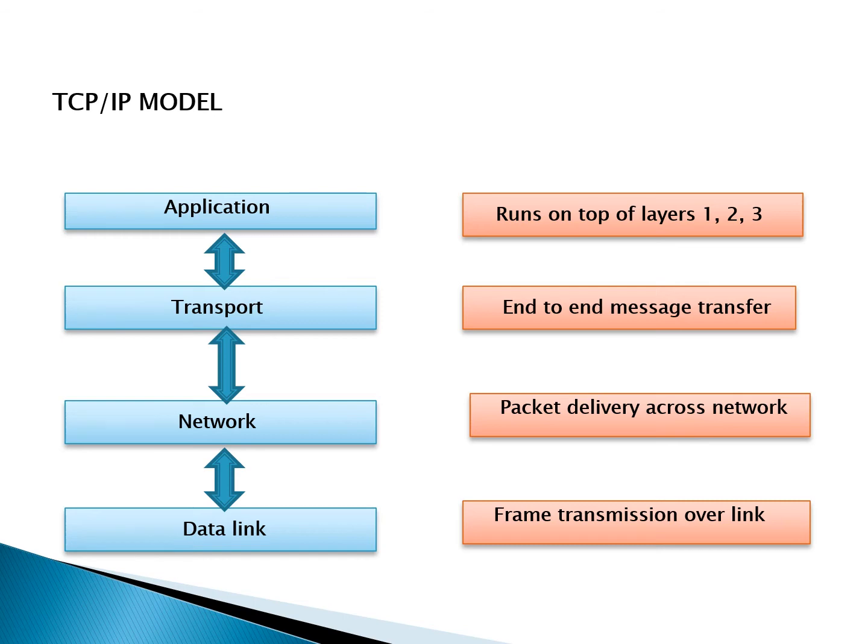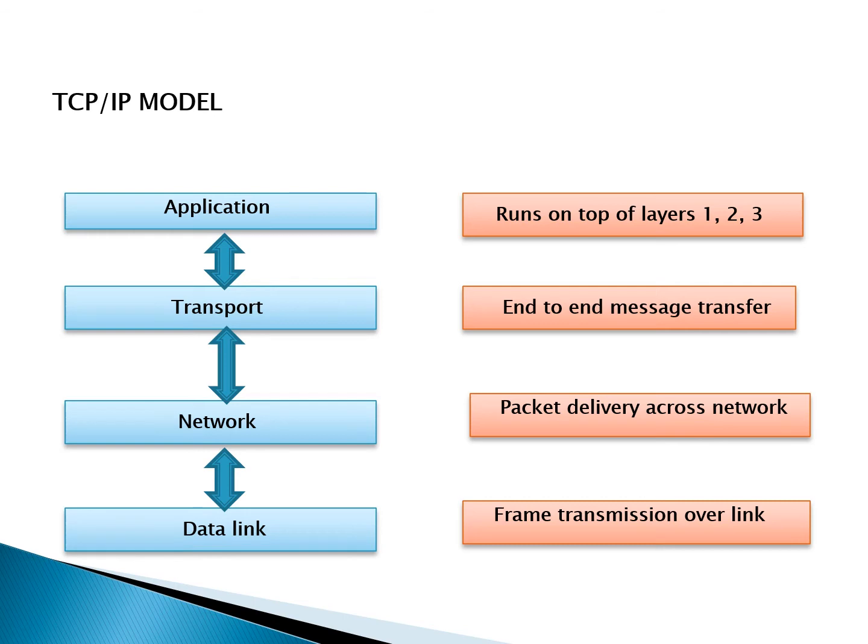And again, the data link and physical layers of the OSI model are merged together in a single data link layer. This data link layer of the TCP/IP model is sometimes called the physical layer. So both the terms are used interchangeably for the very first layer of the TCP/IP model.